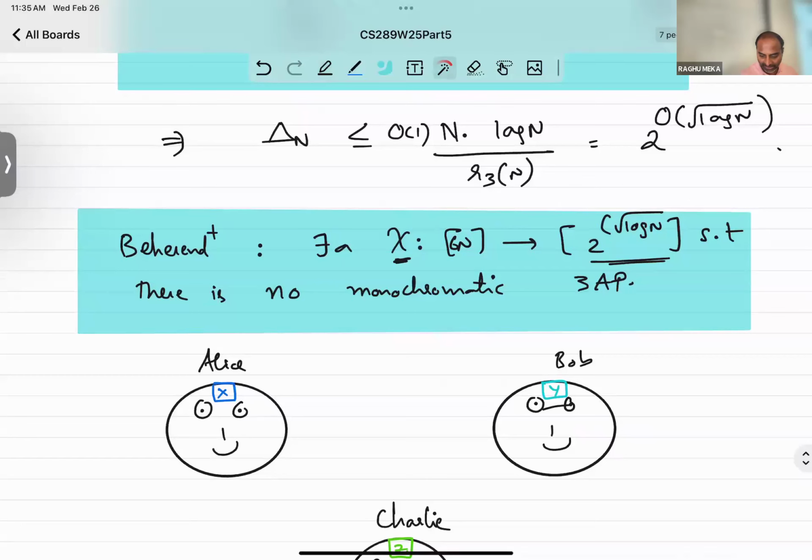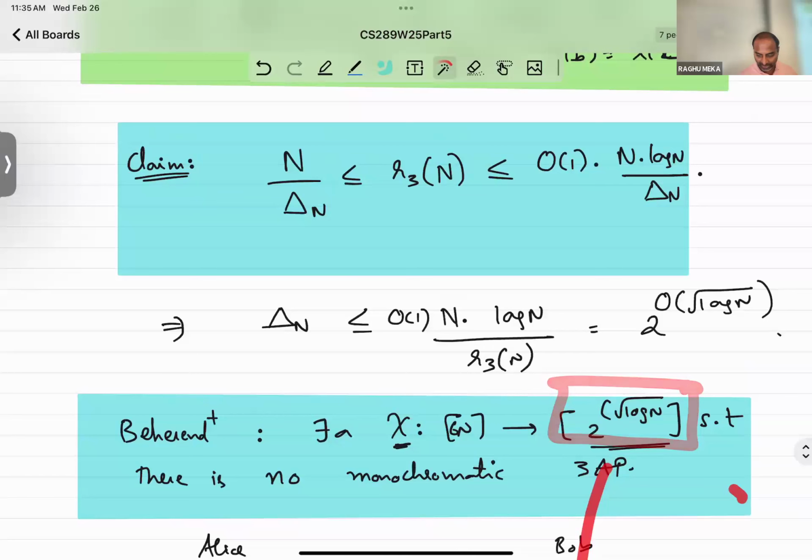For this coloring, this one or this one. So this is coming from Behrend's construction. So we know Behrend showed that there is a set where this R3 of n is basically n over 2 to the root log n. So I just substituted that, and when n over 2 to the root log n, the 2 to the root log n goes to the numerator, the n cancels.